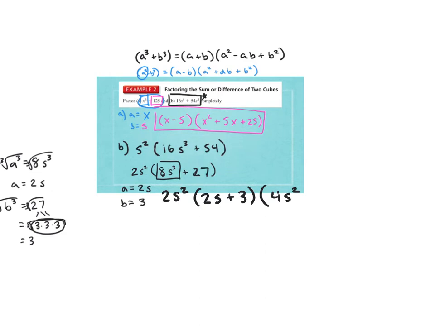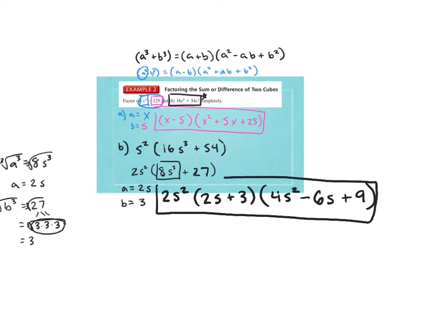Then we have minus a times b, so 2s times 3. 6s. And then b squared. 9. So this is our final answer.